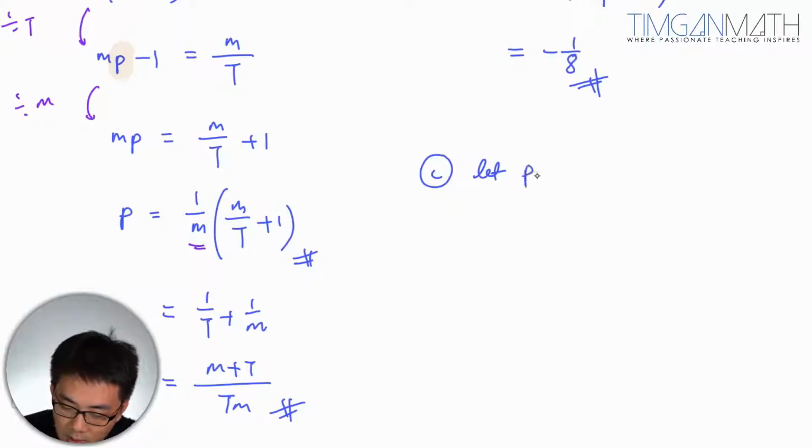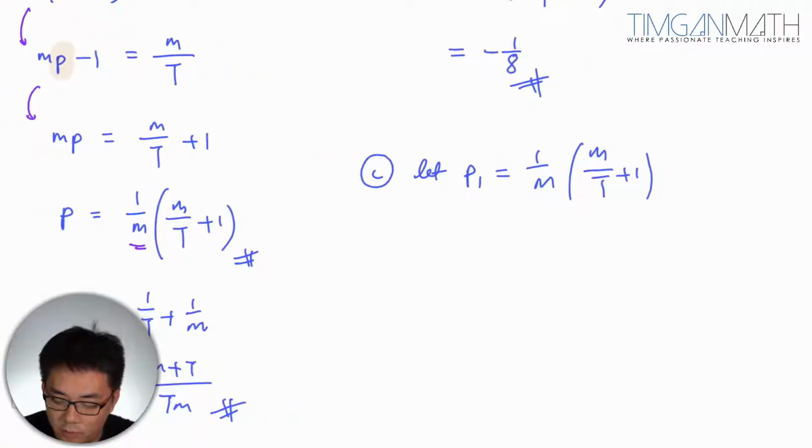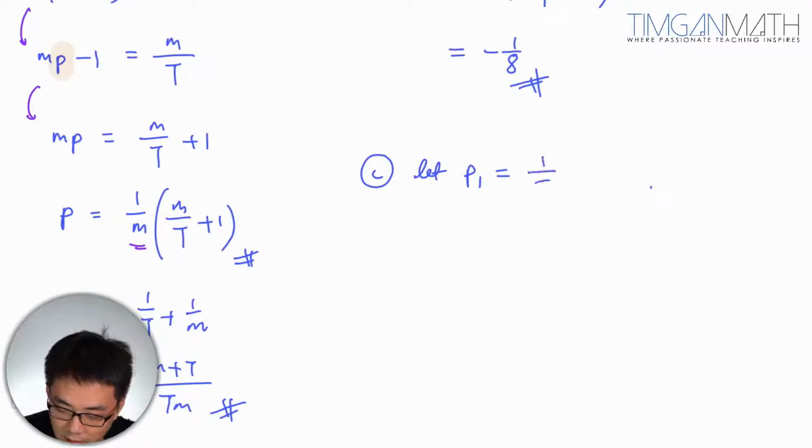Let p1 be 1 over m, mt plus 1. Now this is not a very friendly one, so I will suggest we use the second one here, 1 over t plus 1 over m. But that doesn't mean that we couldn't use this. We could, but this will be easier.